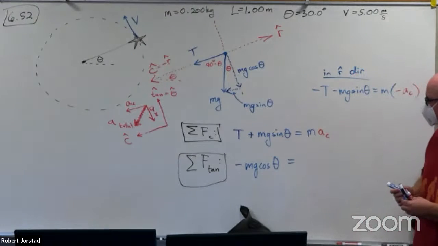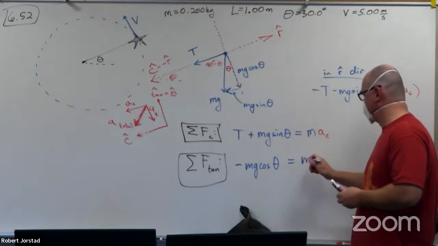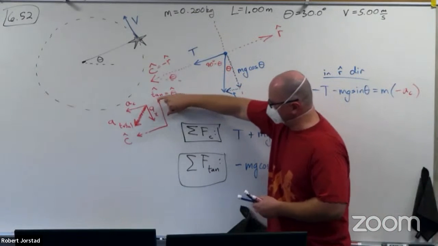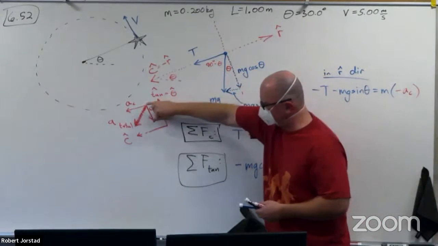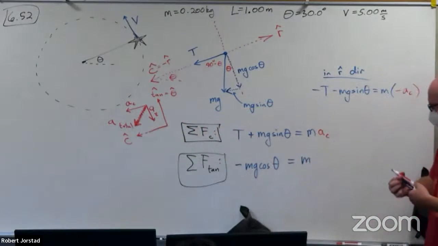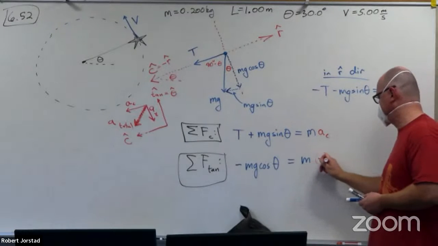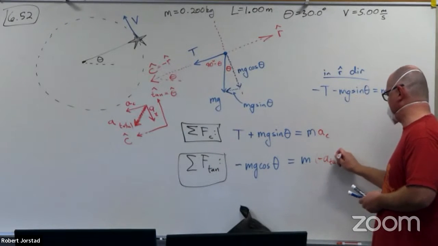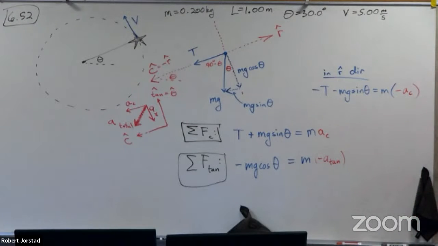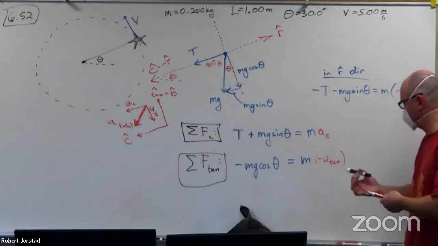That's the only one. What about A tan? Should I use positive AT or negative AT? Negative AT, because it's pointing opposite. So this is actually a lot like this one here. We can see that if you screw up one minus sign, you could be in for a long day.